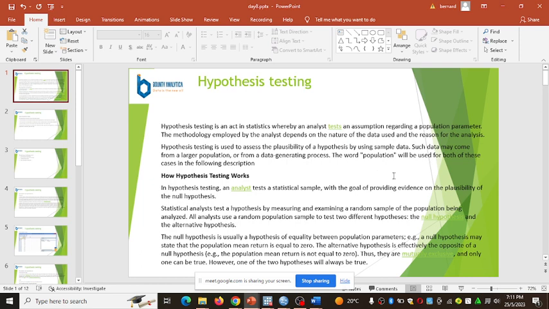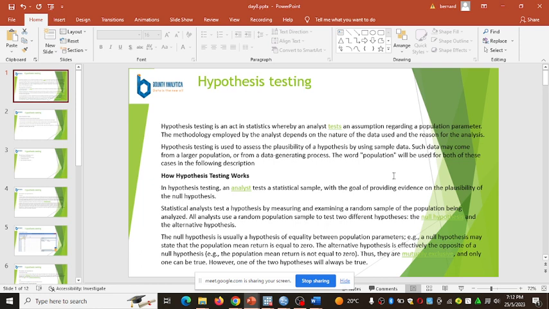So in hypothesis testing, an analyst will test a statistical sample with the goal of providing evidence on the plausibility of the null hypothesis. So statistical analysts test the hypothesis by measuring and examining a random sample of the population being analyzed.